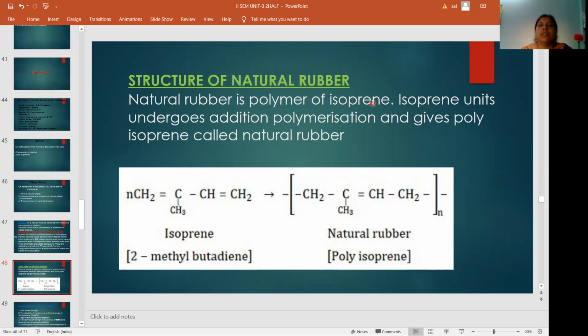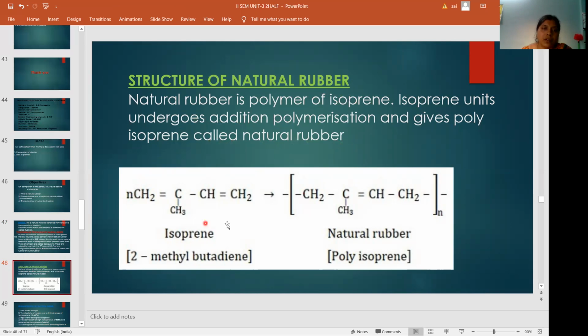That polyisoprene is nothing but natural rubber. So isoprene units undergo which polymerization? Addition polymerization, and you get polyisoprene, called natural rubber. So what is natural rubber? Polyisoprene is nothing but natural rubber.